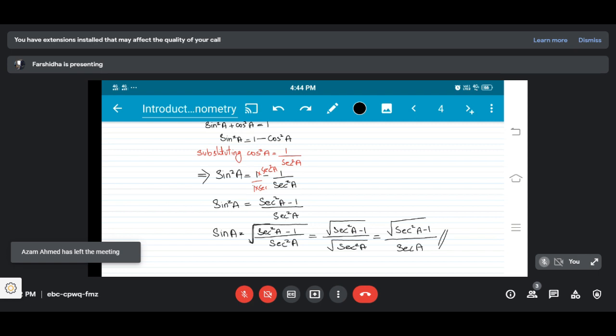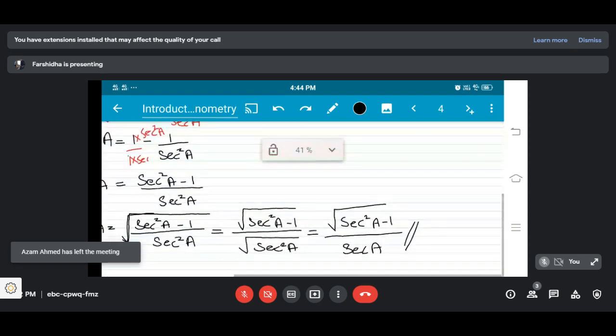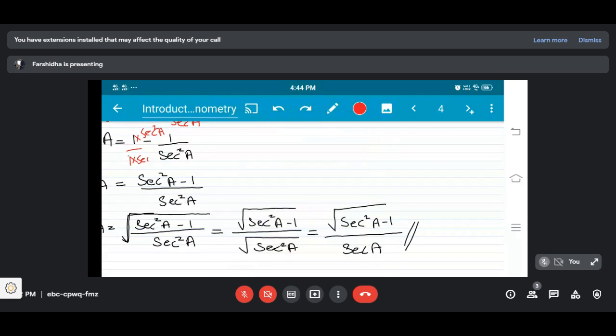Okay, I forgot to tell you something. When you remove the root, you need to write plus or minus.